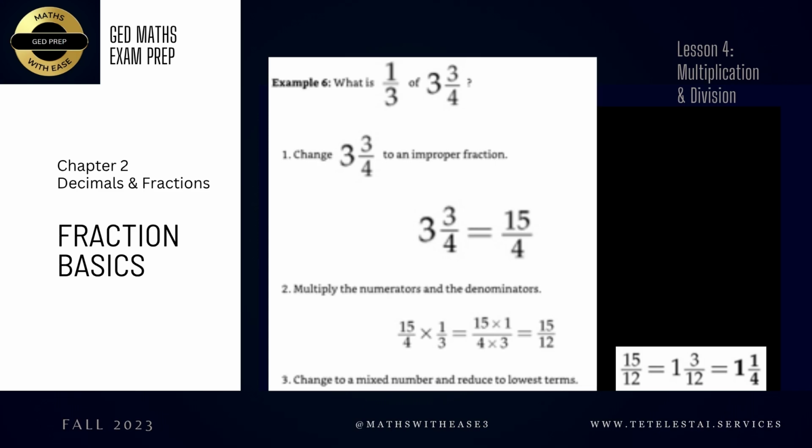And you would simply multiply across the numerator and the denominator. So 15 times 1 is 15, 4 times 3 is 12, but we're not done, right? Because this fraction is top heavy. So you would divide 12 into 15, and that gives you 1 with 3 left over.